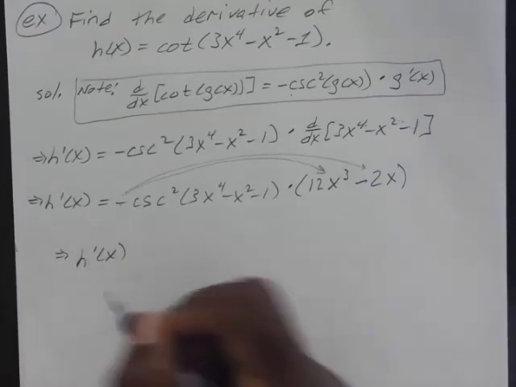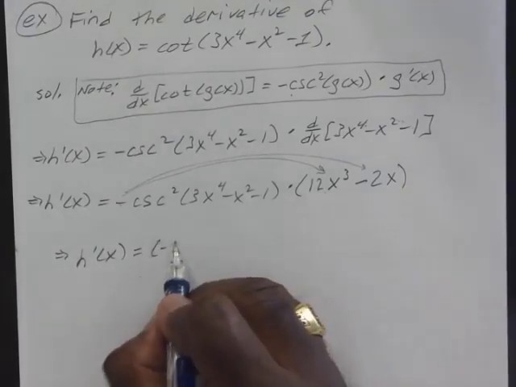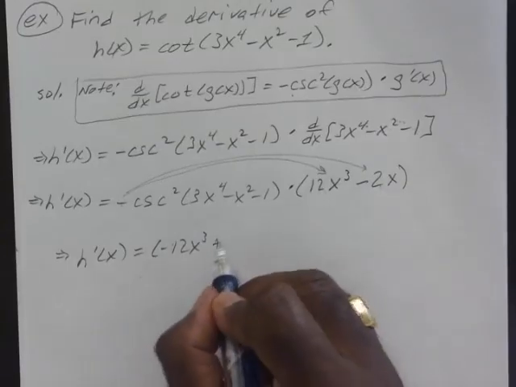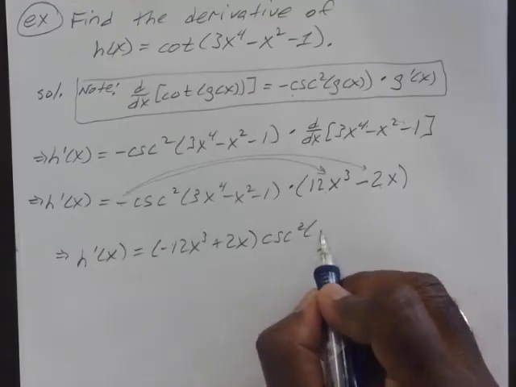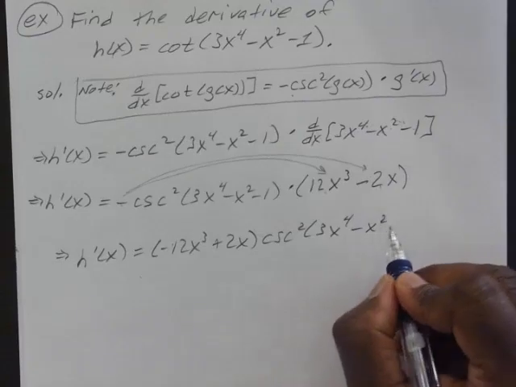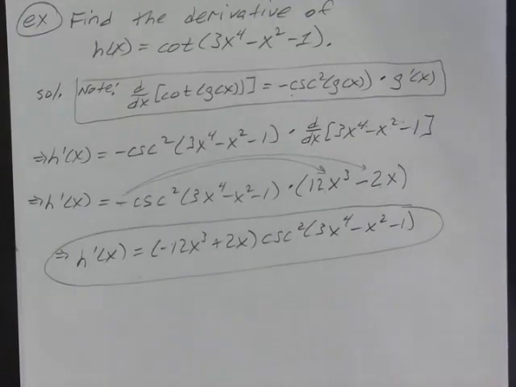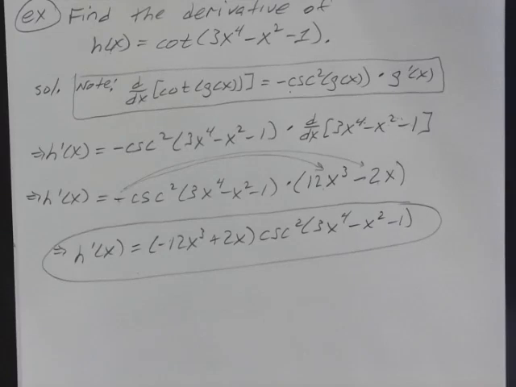So our derivative will be, that becomes negative 12x to the third power plus 2x times cosecant squared of 3x to the fourth power minus x squared minus 1. And again, Newton might take it with the negative out here. Don't know for sure. So, like I said, always helps to have a backup.